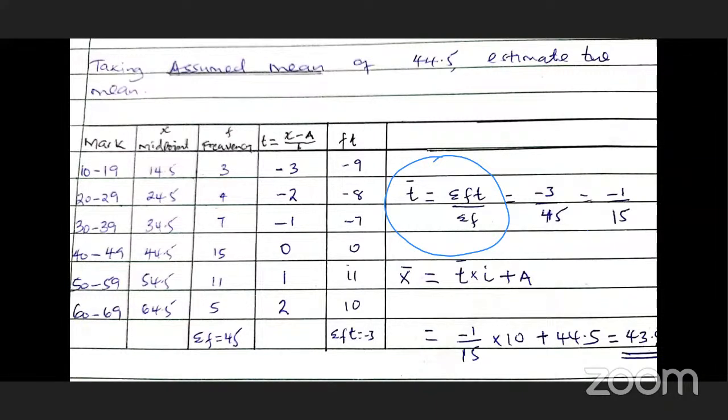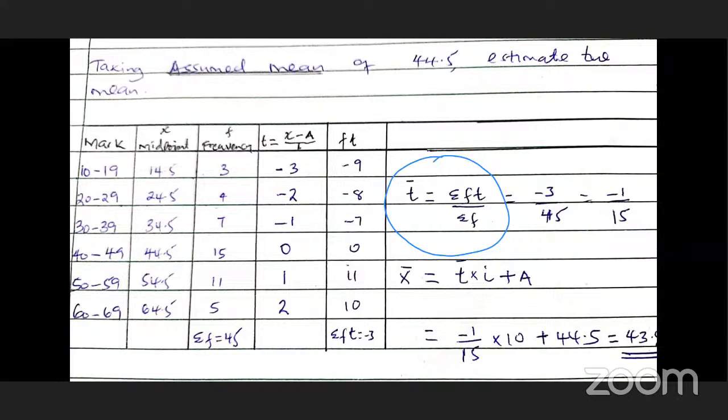So in a way, it resembles what we did in form 2, looking for bar x, or the mean of x, which we obtained as summation of fx over summation of f. Now, with the assumed mean, we look for a different term, which we will later incorporate so that we get bar x. Remember, our intention is to get bar x, not bar t. But we can use bar t to simplify our working.